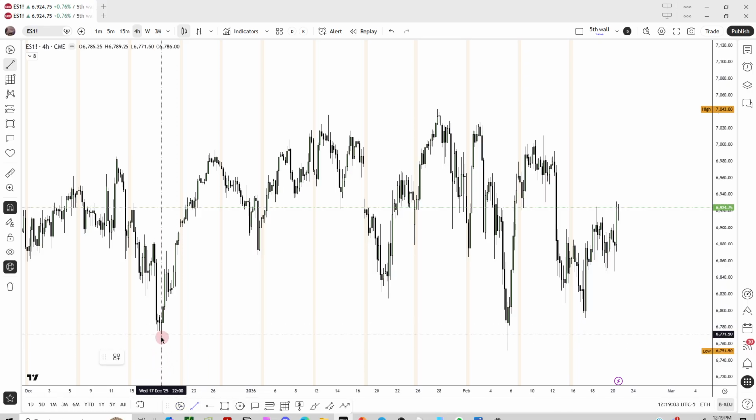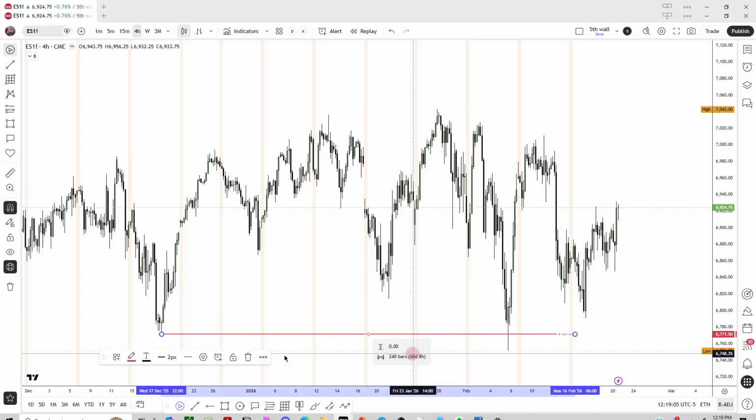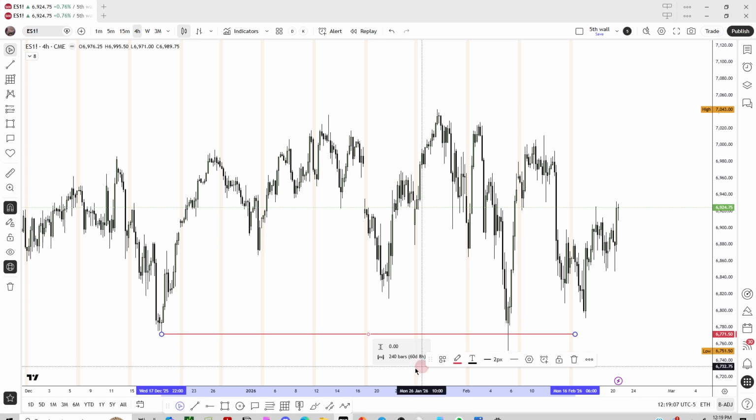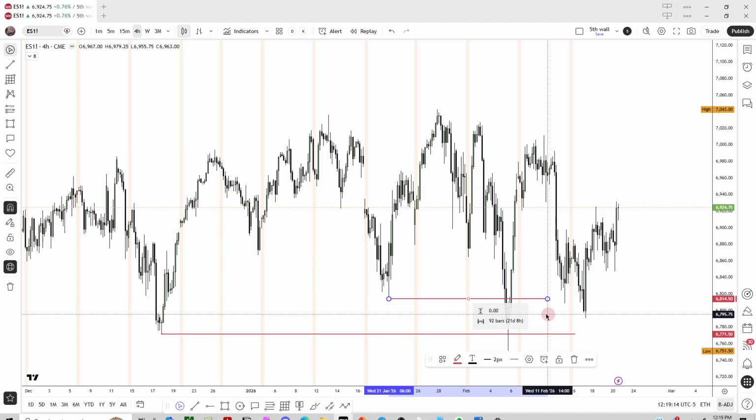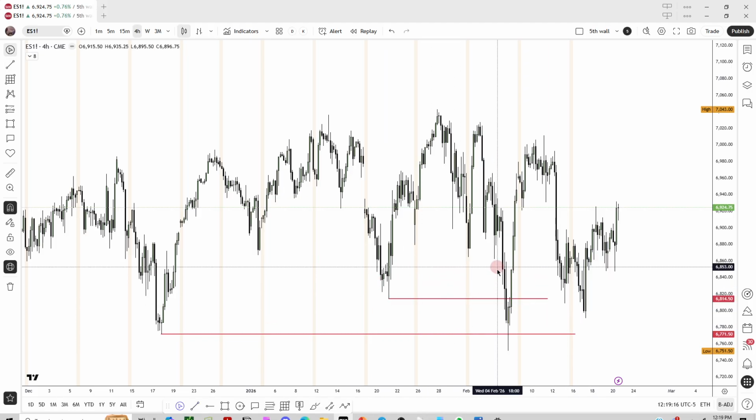So let's just highlight that, because technically this ran that low, right? Ran that low. So we can get into the bearish fair value gap, which is inverted now.